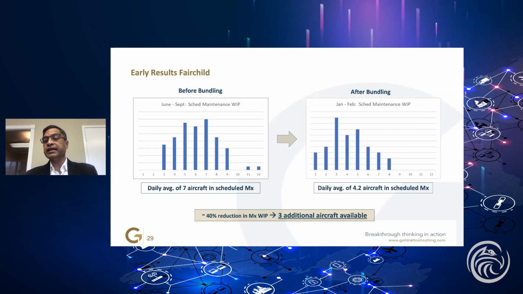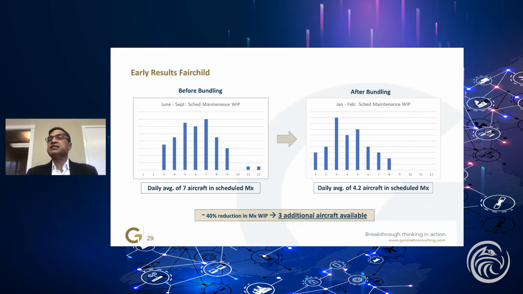And slowly the tail, as they go through the fleet 1 or 2 times, what we are seeing is that you no longer have those days with a lot of aircraft down for scheduled maintenance. You see that the tail of the histogram is shifting to the left. And this is very powerful because this is a simple solution that very quickly resulted in 3 additional aircraft available to fly.